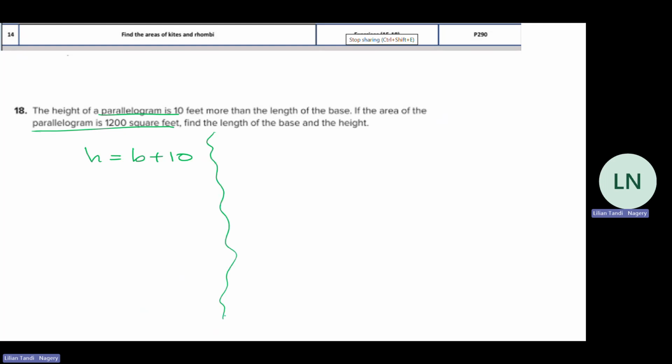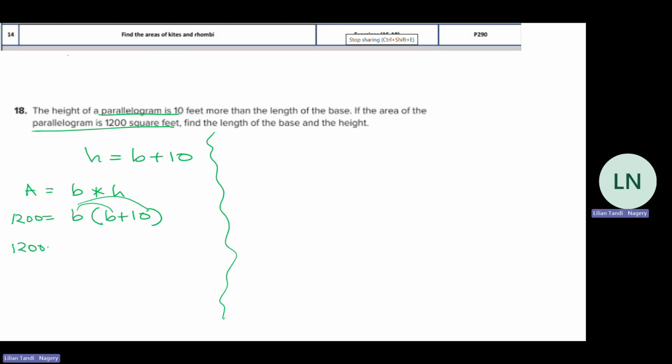So I start, area equals base times height. My base, I don't know. My height is B plus 10. And I know the area is 1200. So I'm gonna do distributive property.